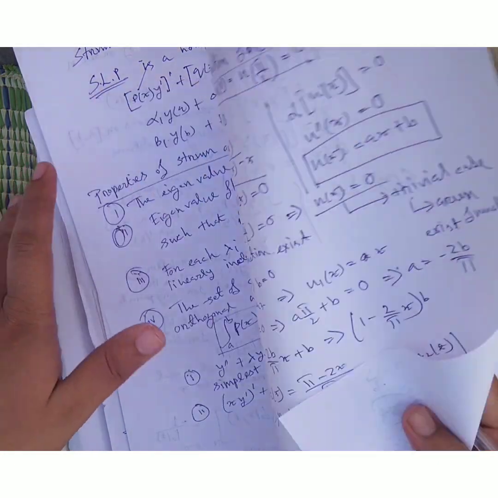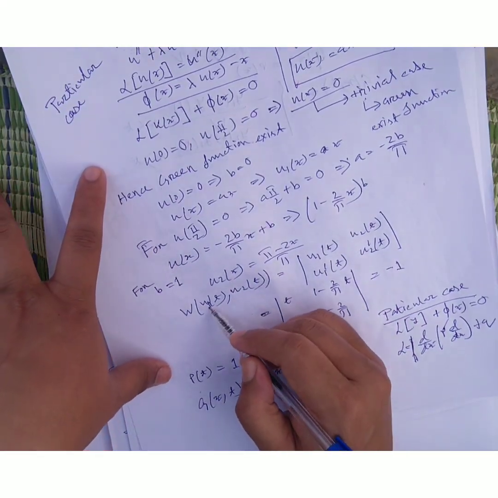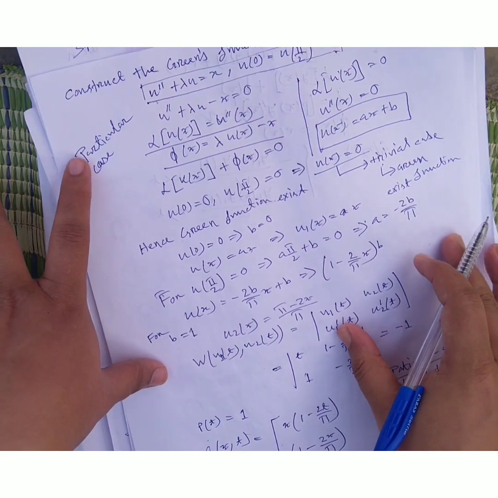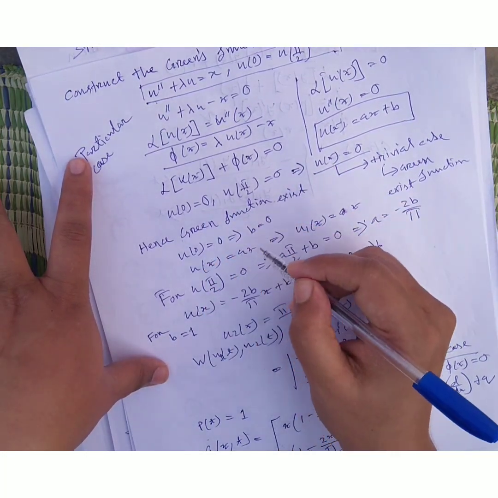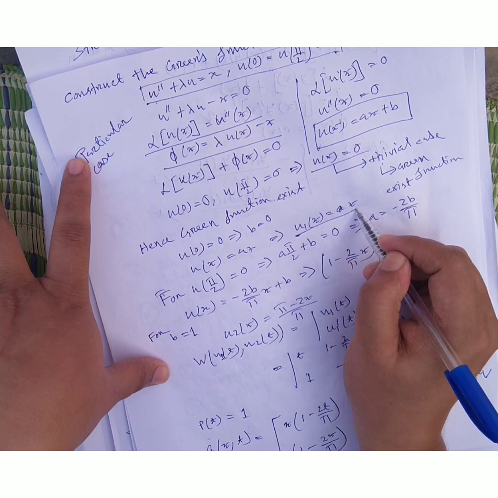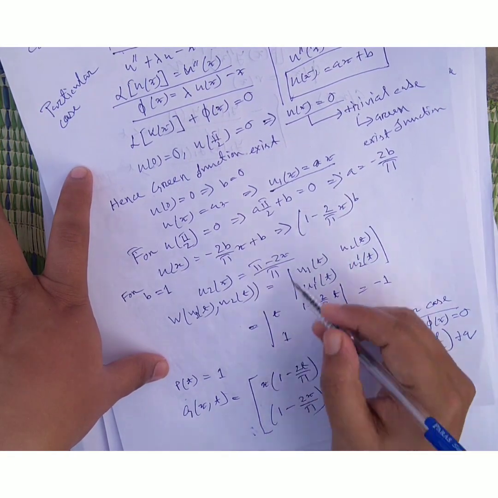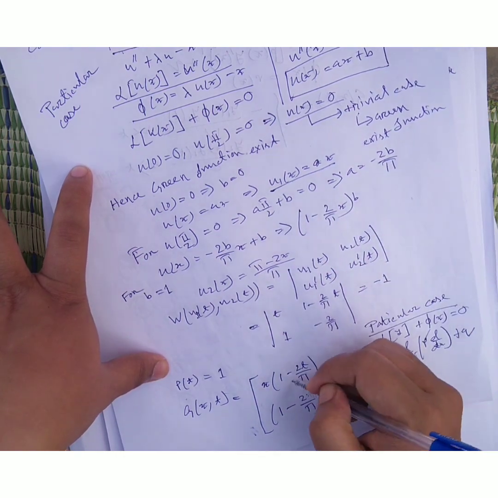In this case, friends, you must remember y1 means u1 x is equal to x. u1 means y1, and u2 is this.